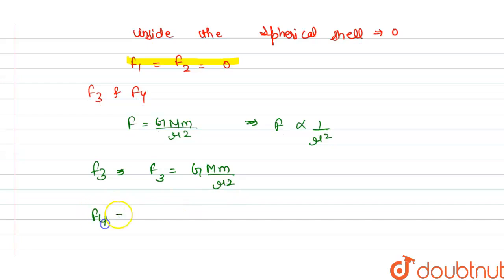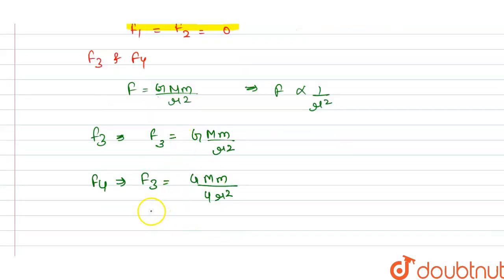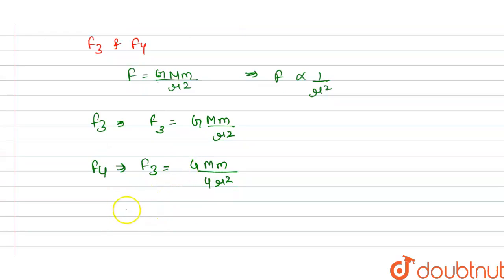And for the fourth particle, placed at 2r distance, the force is G m m divided by (2r) square, that is 4r square. So from this we can say that force 3 is greater than force 4, as when the distance is more the force is less, and when the distance is less the force is more. So force 3 acting on the particle is greater than F4.